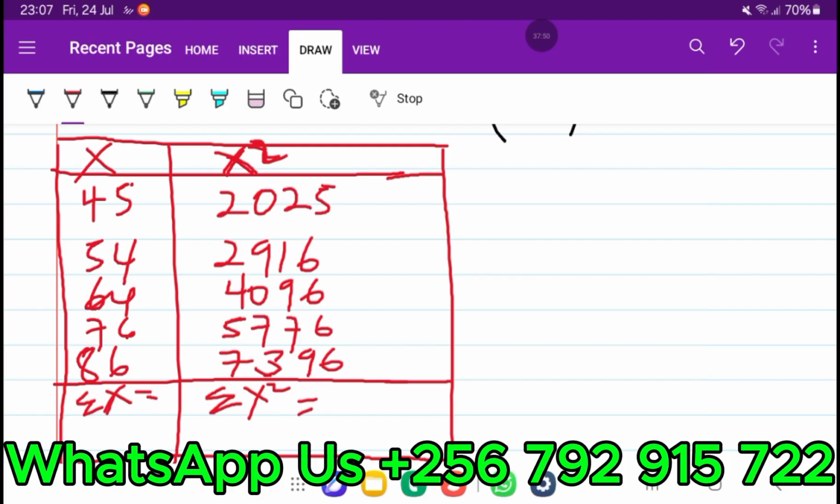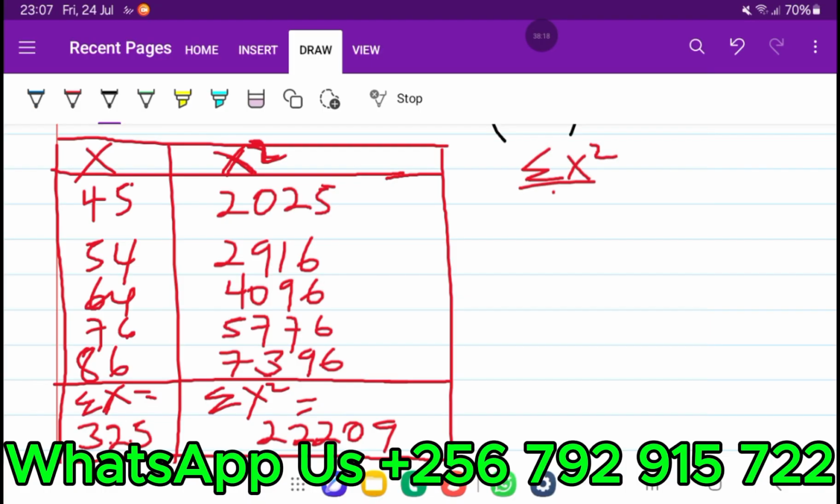Now you add all these. When you add, you'll get 22209. When you add here the total x values, they were 325. Now we substitute in the formula. The formula that we are going to use is summation x squared over n minus summation x over n bracket squared. So we substitute.